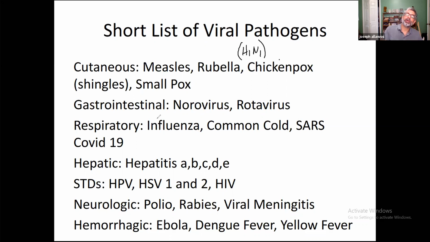And anytime you have something like a virus or a bacteria that infects humans, we say that they are pathogenic, right? If they're pathogenic, that just means they can infect you and make you sick. So we start with cutaneous. Well, what is this? This is skin, right? And so measles, rubella, chickenpox, and smallpox, these are all cutaneous viruses.